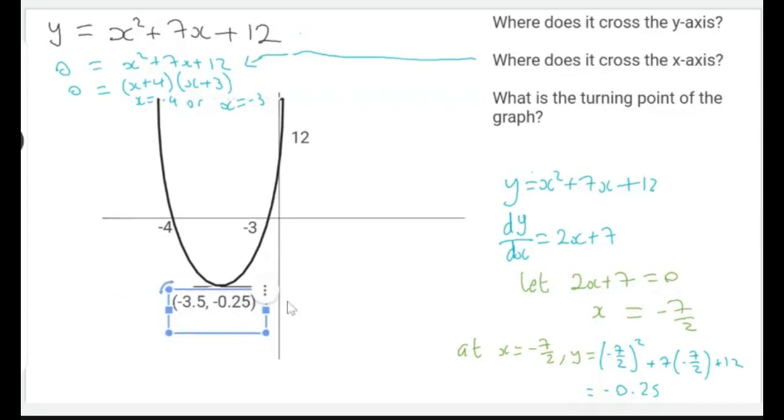There we go. Sweet. So yeah, they're the things that we need to know for a quadratic graph. So okay, what about a graph like this?